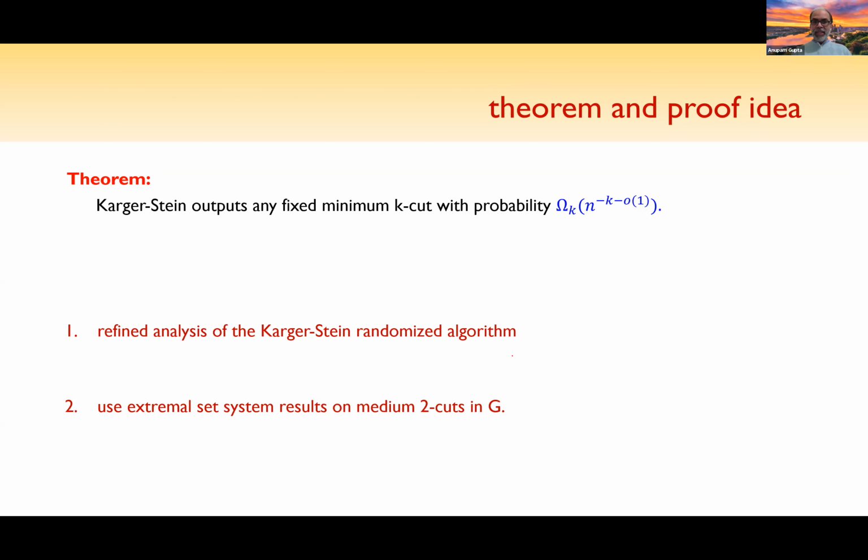And this refined analysis will depend on an extremal result, which will talk about, remember, I'm finding k-cuts, but I'll give you a bound on the number of what I call medium, not too small, not too large, 2-cuts in the graph. I'll control the number of 2-cuts in order to give a result on k-cuts.